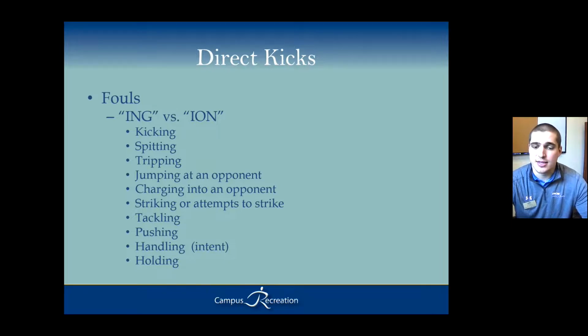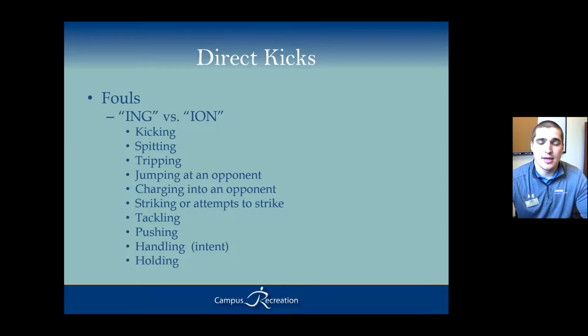And another reminder that the defense or the opposing team needs to be at least 10 yards away from the attacking team before they take a direct kick. Another good reminder, I think it was on the quiz for the last module, is that with direct kicks, the player may take the direct kick without a start whistle if they choose to.